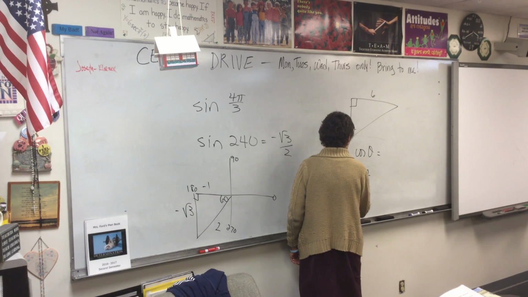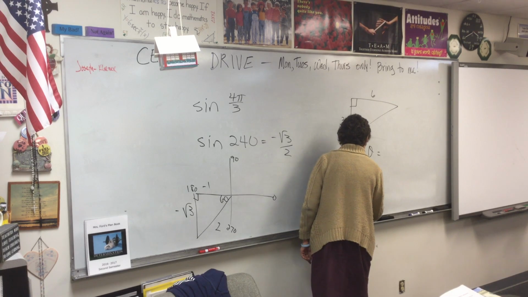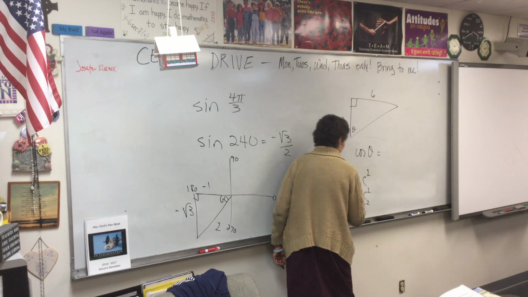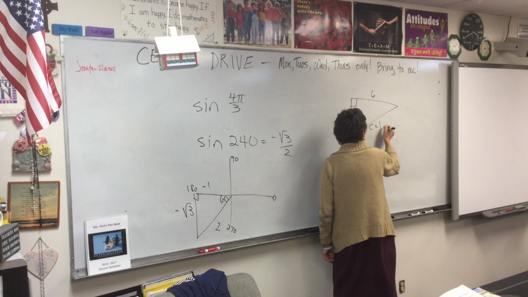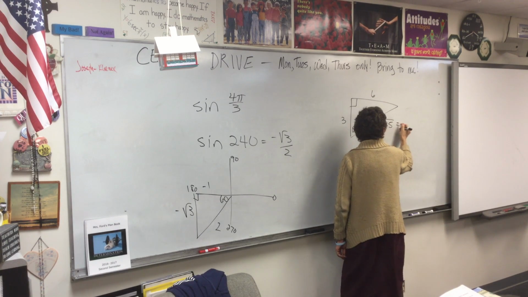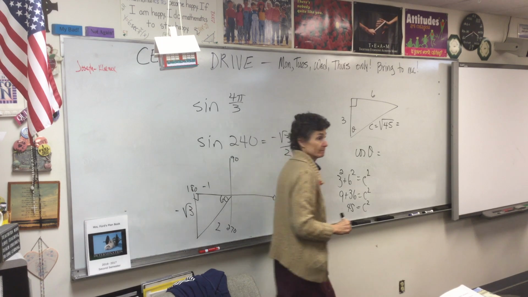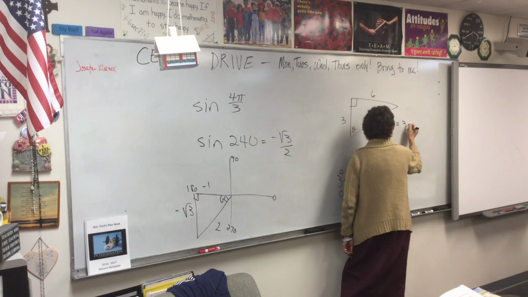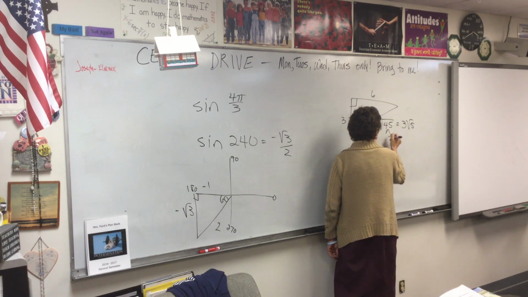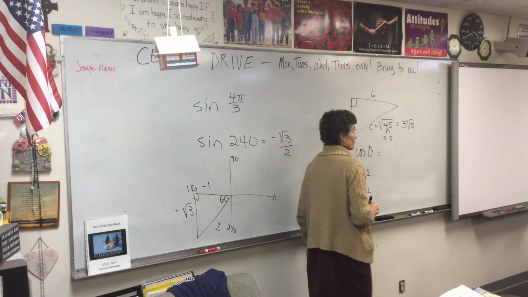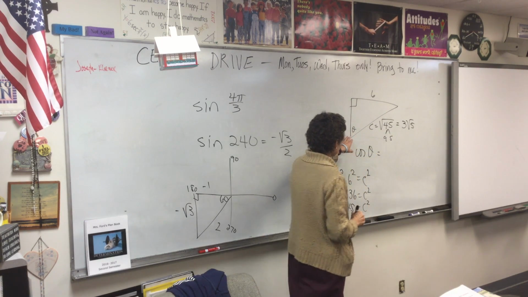So 9 plus 36 is 45. So c is going to be the square root of 45, which I will break down into 3 root 5, because this is 9 times 5. Now I can do my cosine.